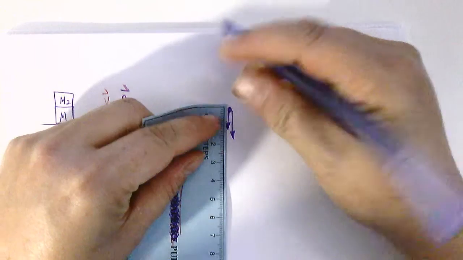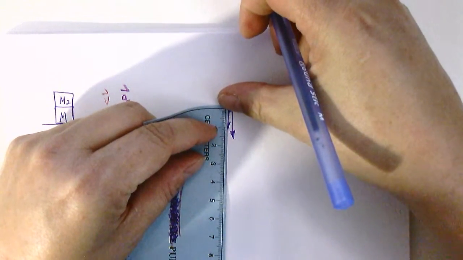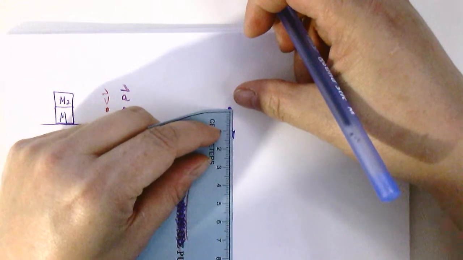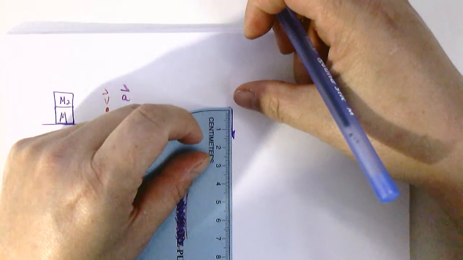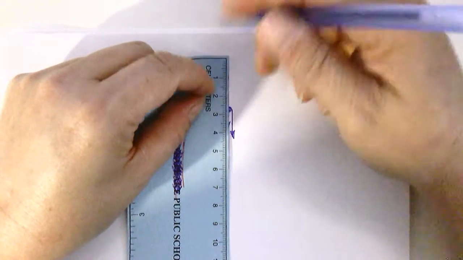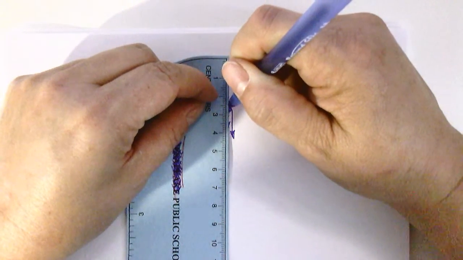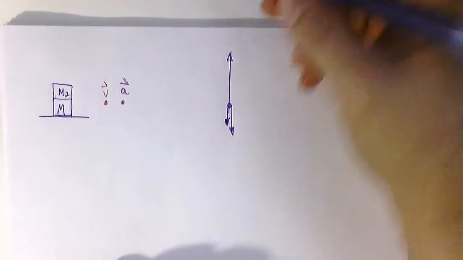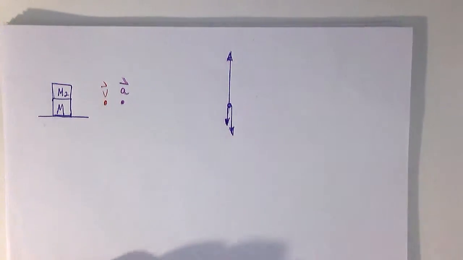Now I have to actually measure these lengths. Right there is 1, and here I get 1.5, so I'm going to make this 2.5 long going up. Okay, and there are my three forces.